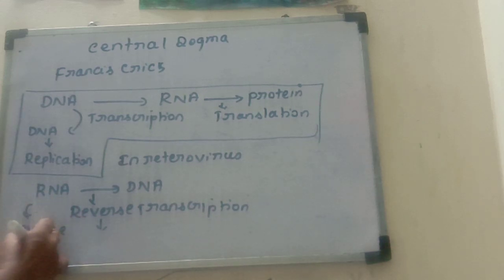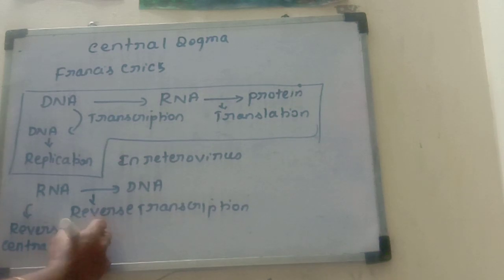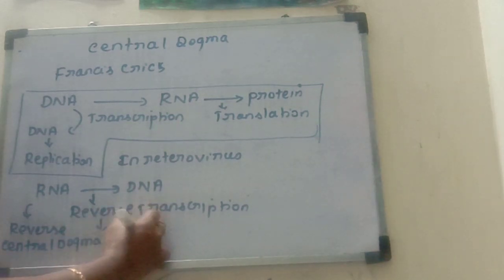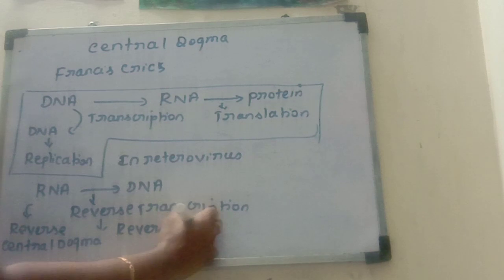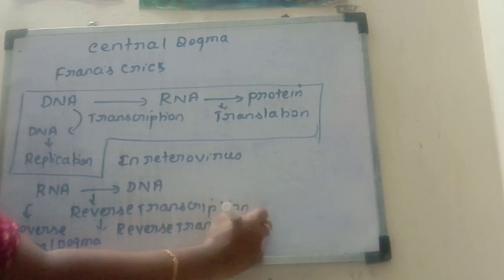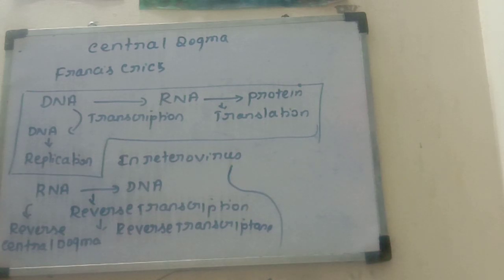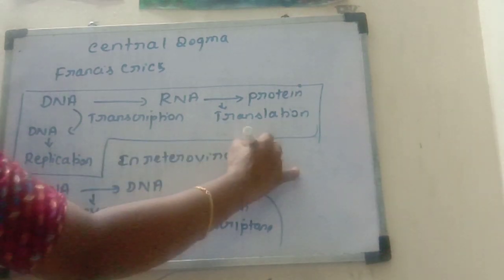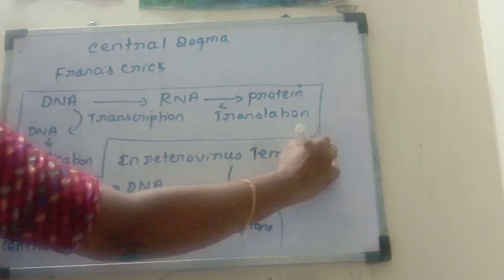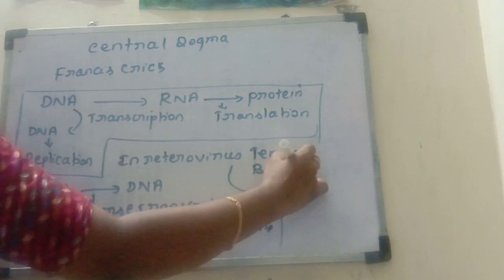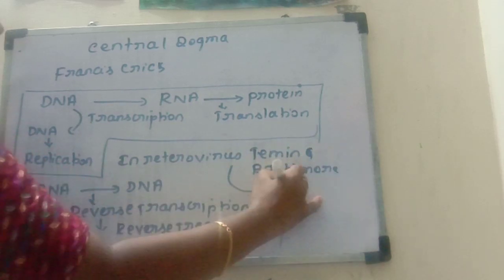Suppose the question comes, what is reverse central dogma? For this they have the enzyme, the reverse transcriptase enzyme. This process was first studied by Temin and Baltimore in 1970.